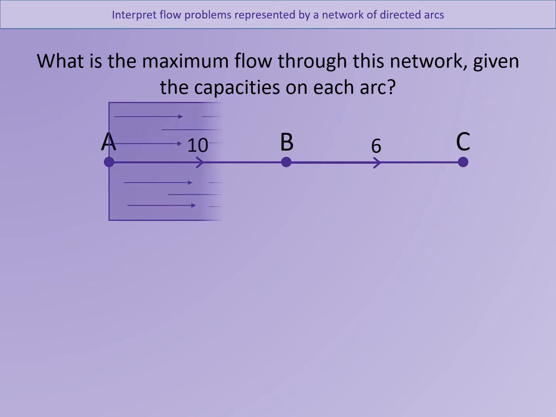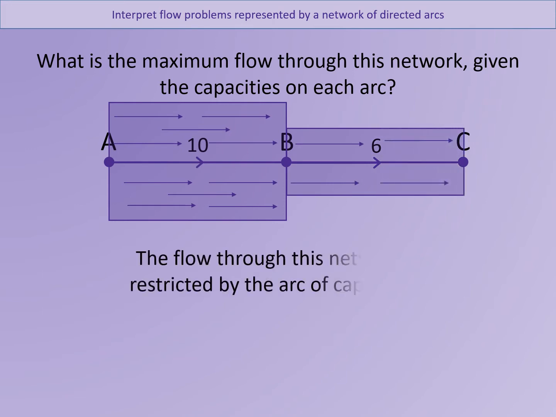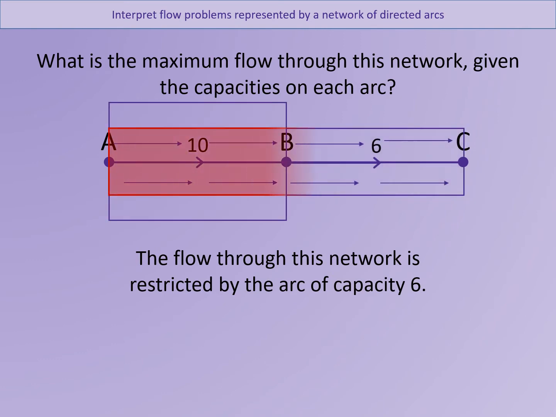So we can see that the first section has a capacity of 10 from A to B. However, from B to C, the capacity is 6. So that means that overall, the flow is restricted by that second section B to C. So the overall capacity of that entire section is 6, because that is the value that can travel along both parts.